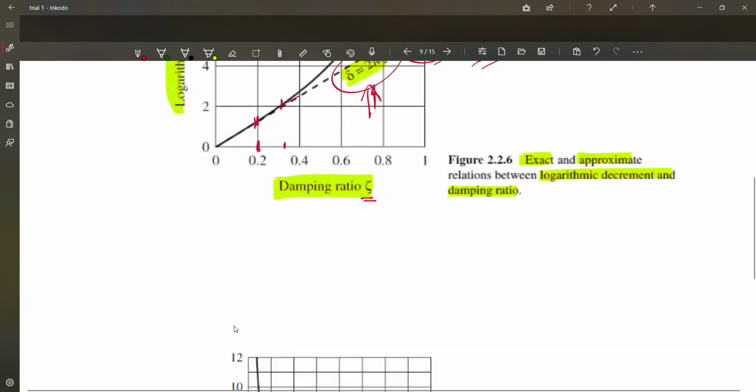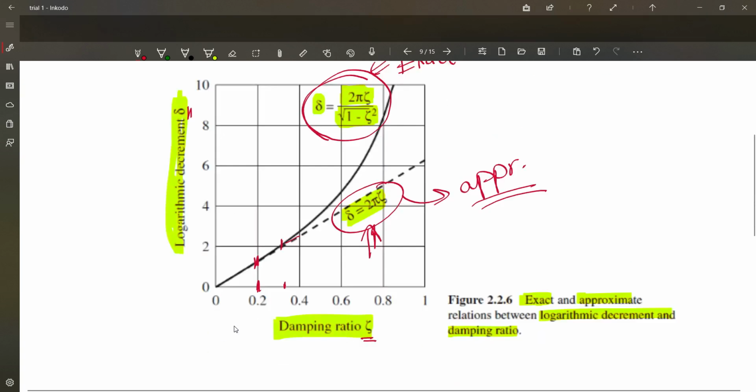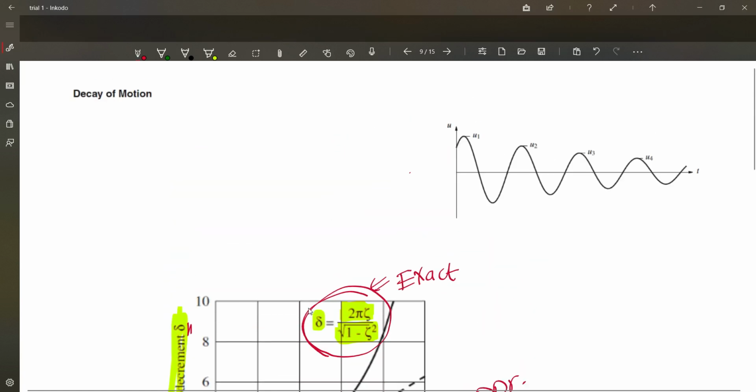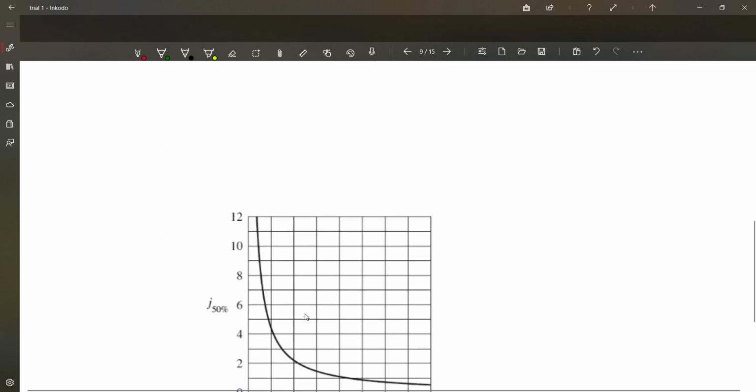Okay. Another thing is the relation between the amplitude at the beginning and the amplitude after n cycles, that is going to be half of it. So as we said in the previous slide, we need to make a relation between the two, which is this equation.